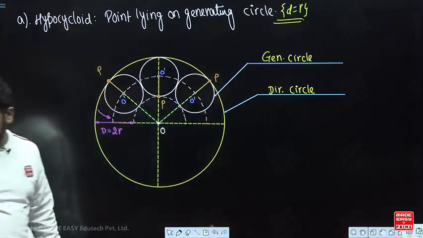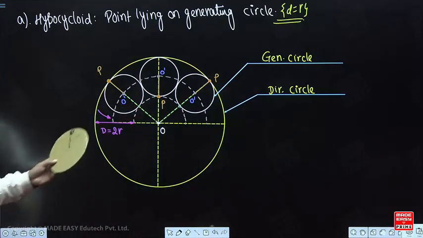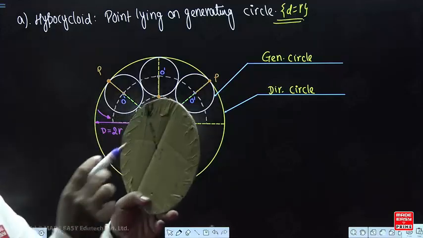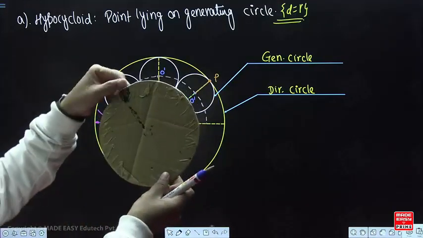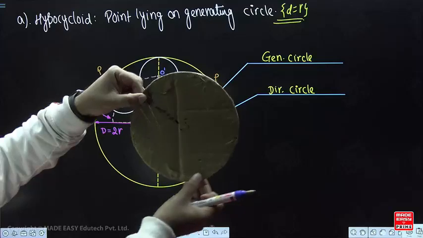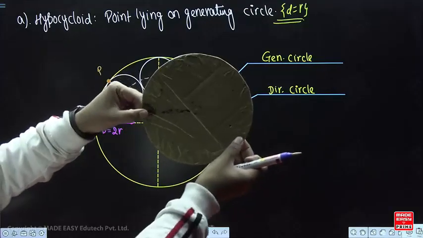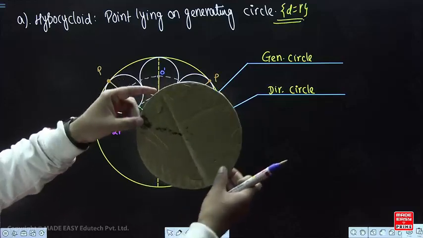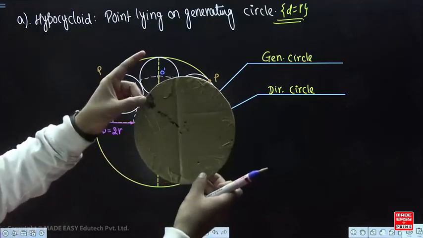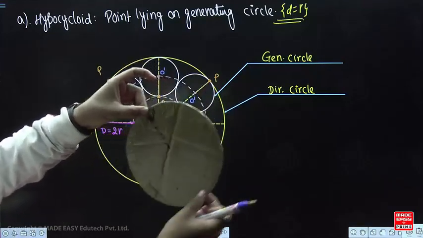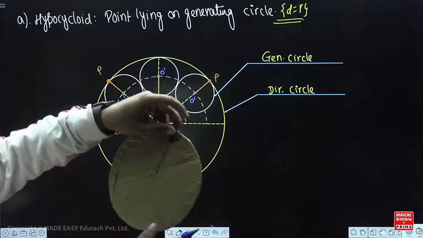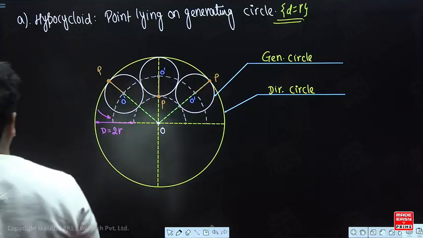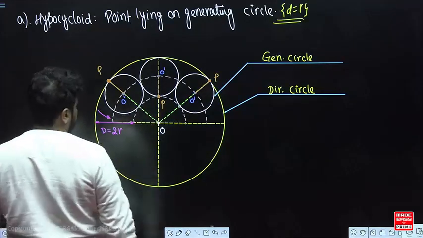How? Look carefully, this is the point you can see here. When it is rotating anti-clockwise, it is moving in this direction and the point is coming down. That is the main thing. The point is here. When you rotate like this, it will come here. If you rotate clockwise, the point will go like this, and if you rotate anti-clockwise, the point will come down. That is why after rotation the point has come down, isn't it?